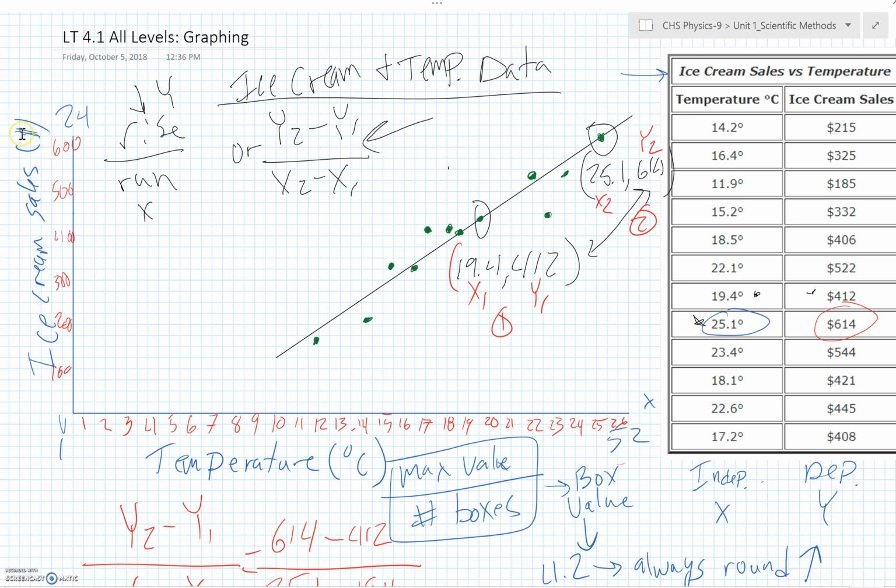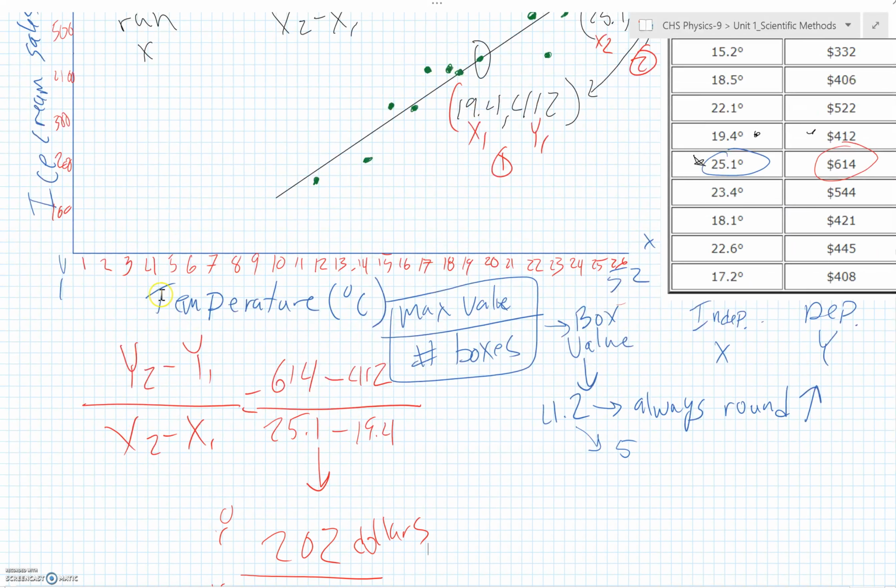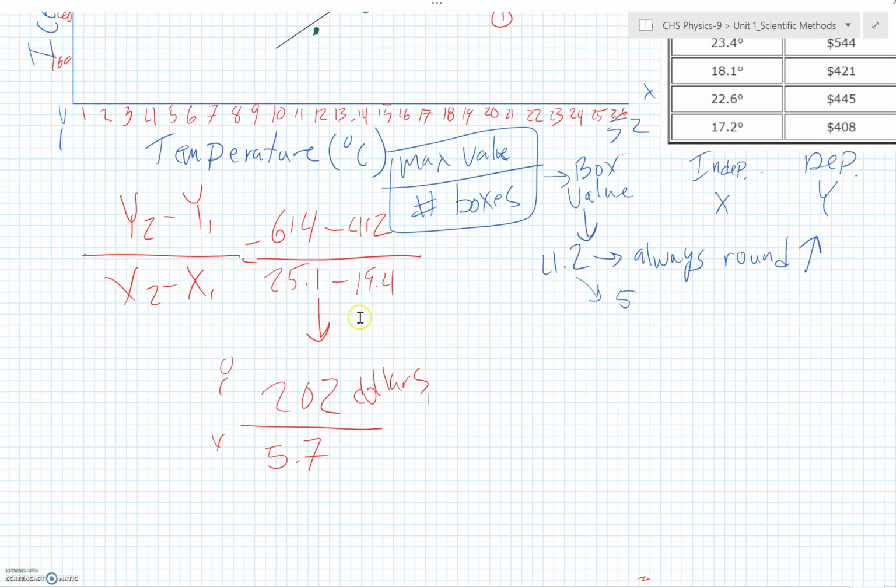My units on the y-axis were dollars, so I can write dollars here, or the dollar sign. Same thing for the x. It's 5.7, but 5.7 what? I look down here, and my units for temperature were degrees Celsius. Now they're not naked, and they actually have meaning. What this tells me is that for every 5.7 degrees, there was an increase in price of $202, which is pretty interesting, don't you think?